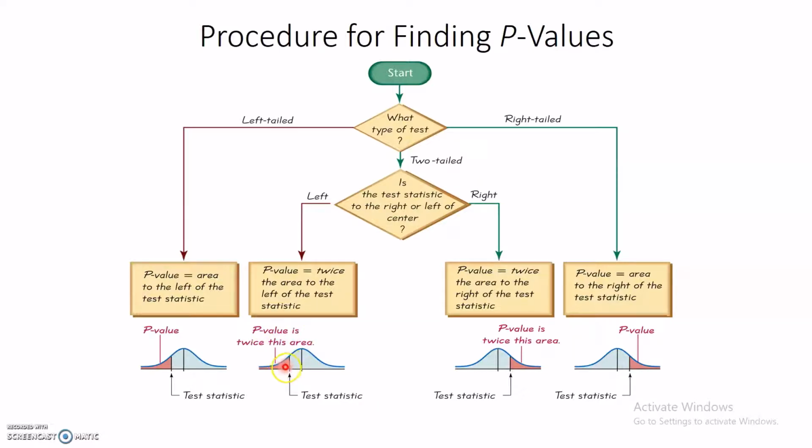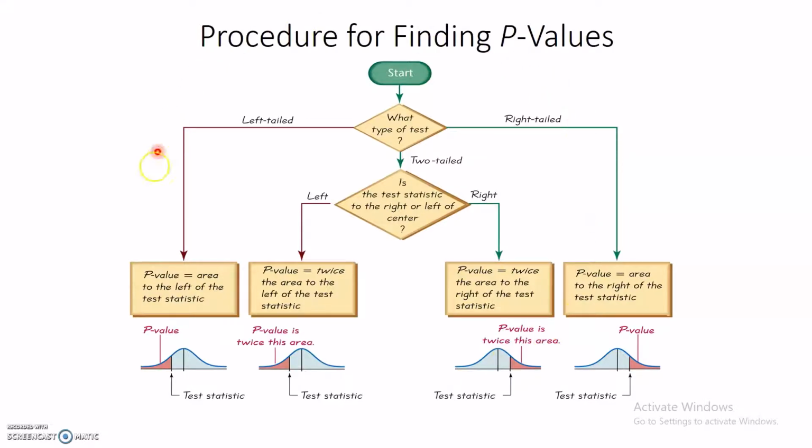You find this area and you double it. And if it's a two-tail test but the test statistic is to the right of the center, this is the center, and the test statistic is on the right side, then you find the area to the right of it and you double it. The p-value is twice this area.